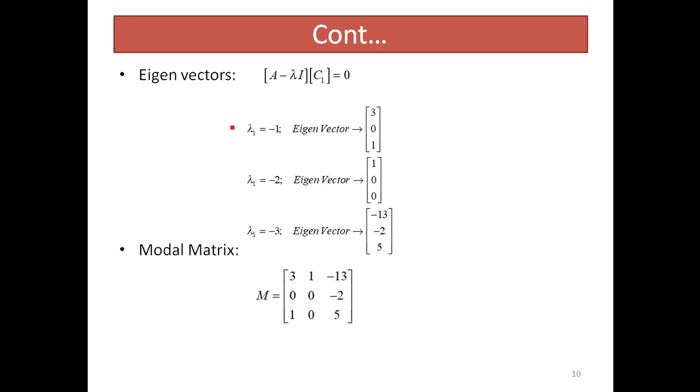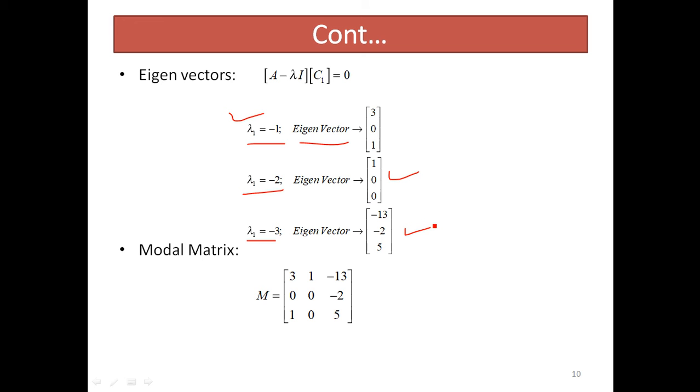However, I have written the values of eigenvectors for lambda 1 equal to minus 1, lambda 2 equal to minus 2, and lambda 3 equal to minus 3. In this way you have taken the eigenvalues and the corresponding eigenvectors are calculated.